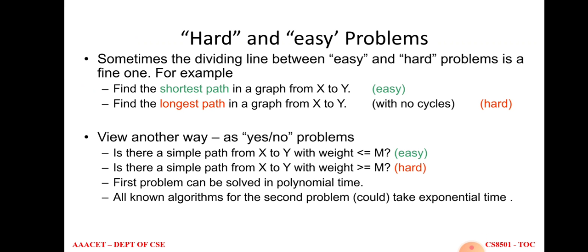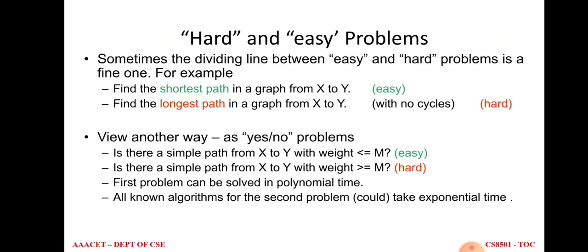So if the weight of the path from x to y is less than or equal to the total weight, then it is very easy to find the path from x to y. But if the weight of the path from x to y is greater than the overall weight, then it is very difficult to find the path in the graph. So this is the difference between an easy and a hard problem.